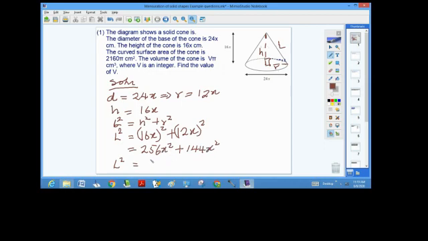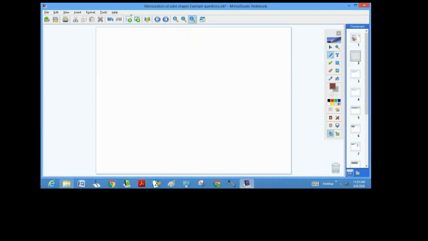Adding the two together, we are going to get 400x square. That is what we get from there, so that we can now go ahead and find L. L is equal to root 400x square, which gives us L to be 20x.